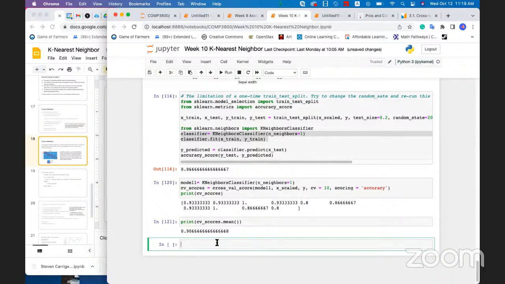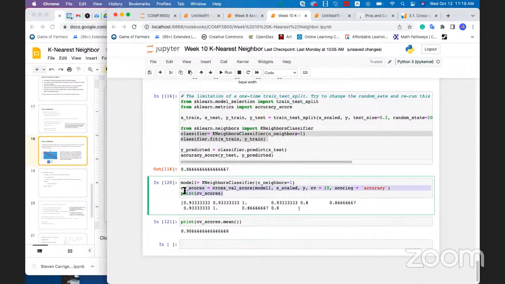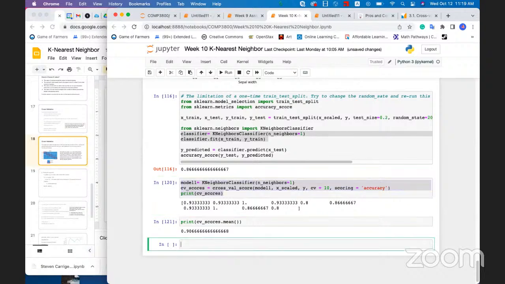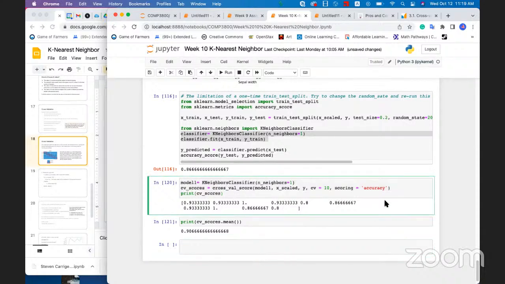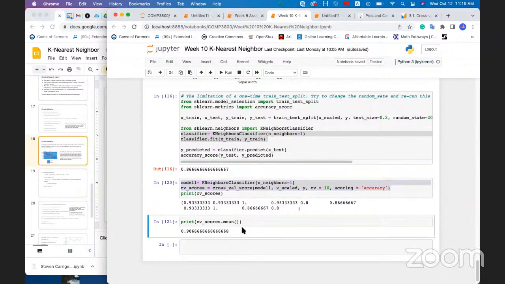So what we need to do is to reuse this code and then get a loop for k equals 1 to k equals 20. Yeah, we can actually put this in maybe a function, or we can just use a for loop.